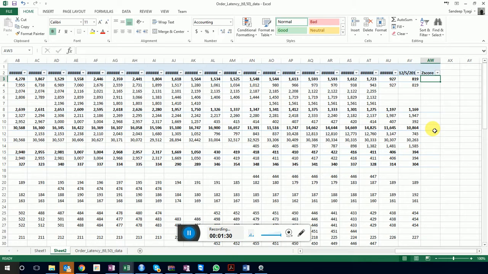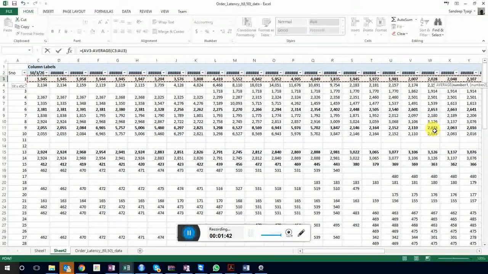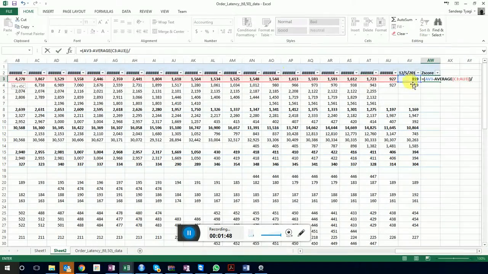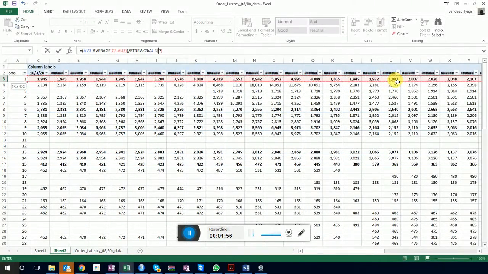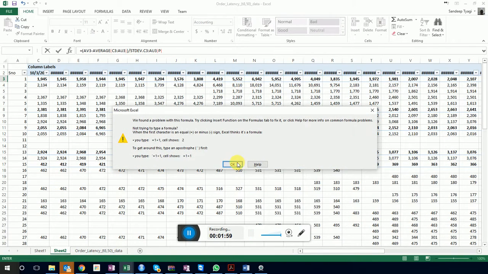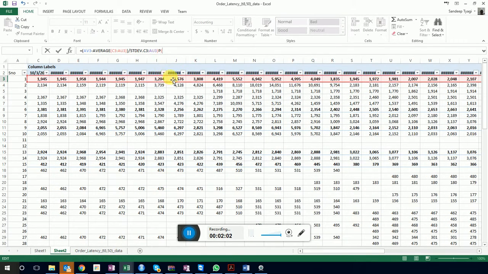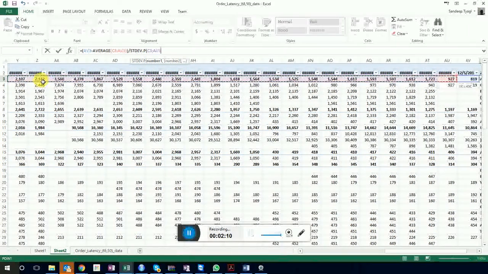So let's calculate it here. You take the number, which is 819, subtract from it the average of all the past numbers, divide it by the standard deviation of all the numbers, and that'll give you the z-score.